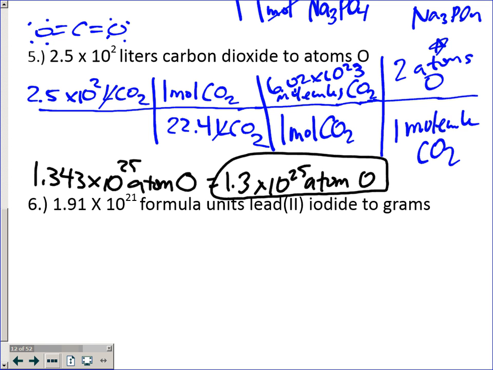I know, but because it's formula unit. Formula unit means ionic.